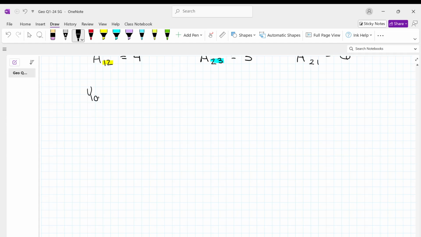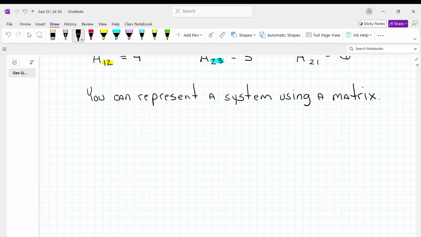Let's say we had a system like x plus 3y equals 7 and 3x plus y equals negative 8, and we were going to use a matrix to represent this system. Here's what our matrix would look like.